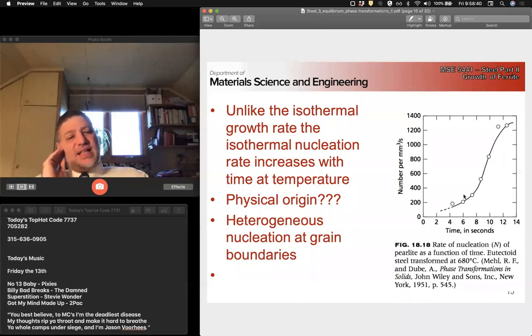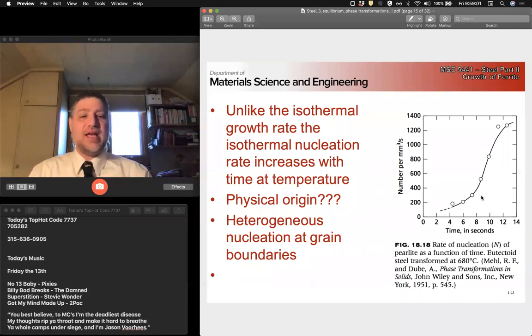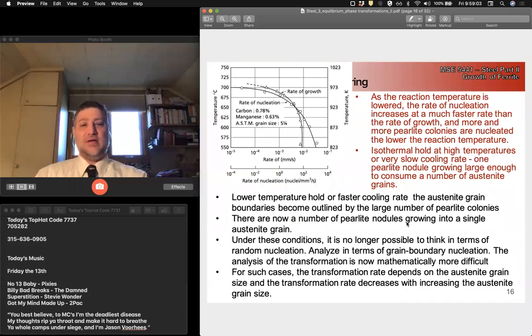And the fact that you have a little bit of a hold before a gradual uptick in the nucleation rate over about 10 seconds or so here points just a little bit that the physical picture is more complicated than what we see, right?